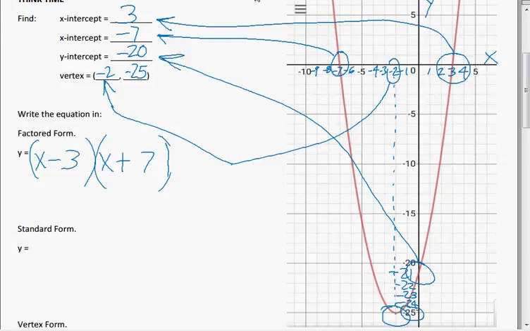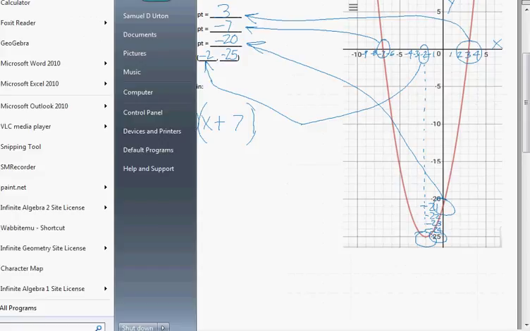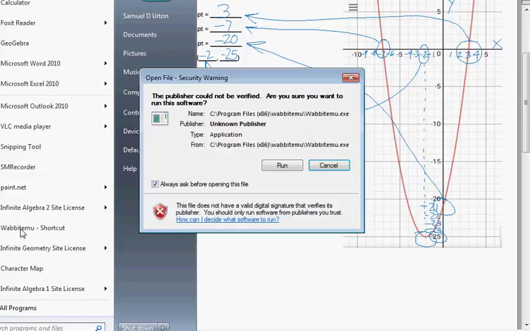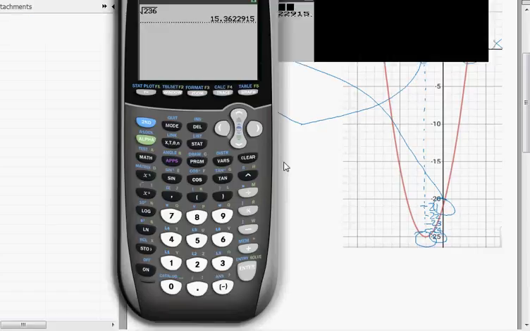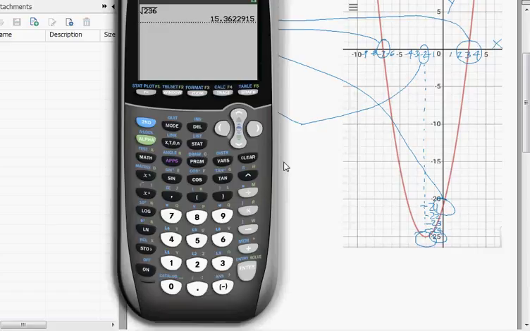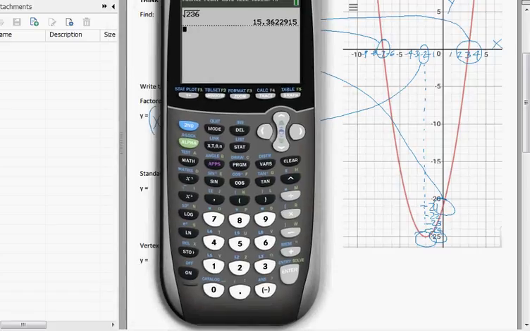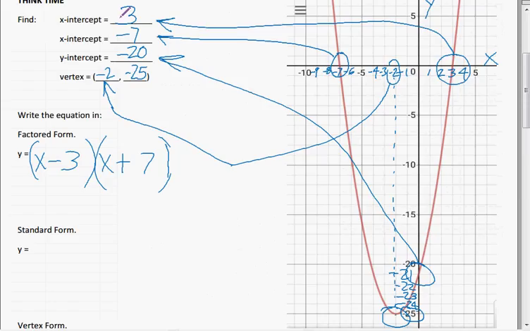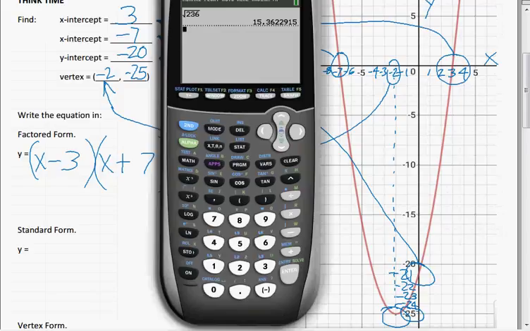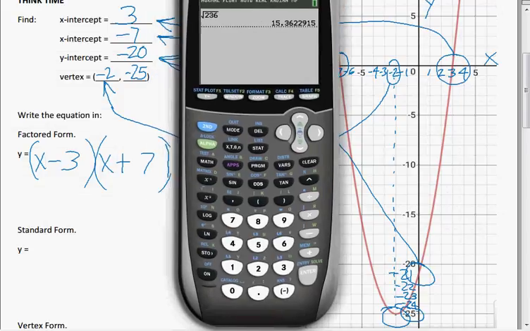But I'm going to check that just to make sure. I'm going to bring up my calculator. So I'm going to take this equation and put it in the calculator.